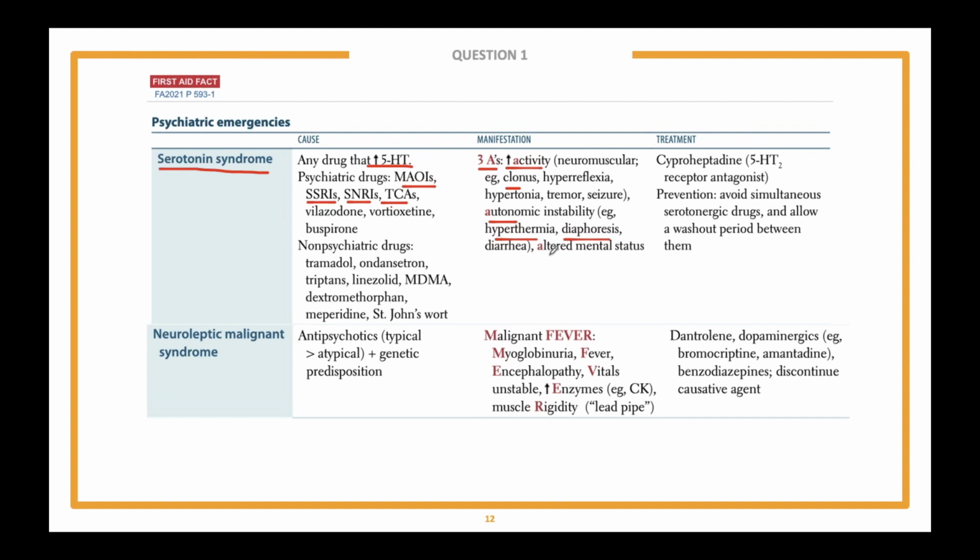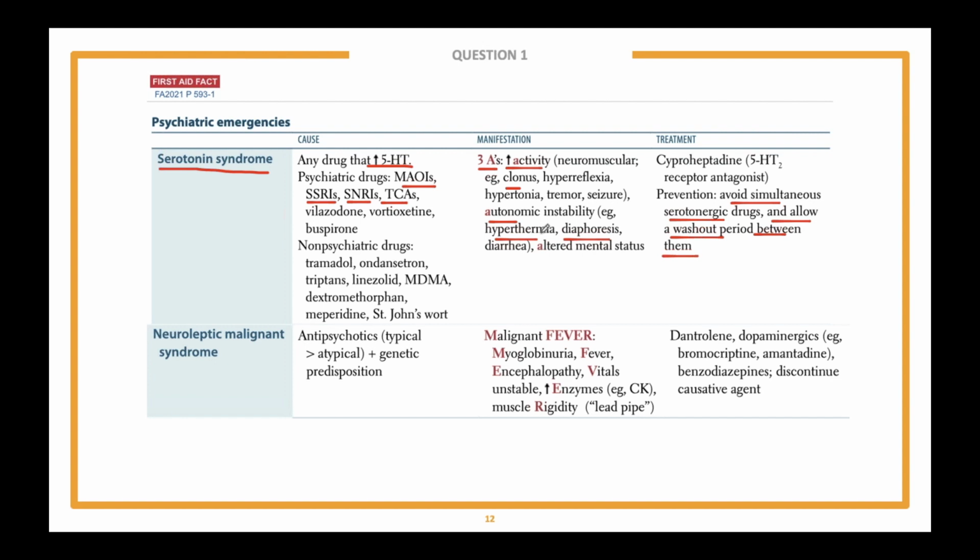So how do you prevent it? Well, avoid simultaneous serotonergic drugs and allow a washout period between them. Our patient stopped her SSRI only 2 days before starting the new drug, okay?